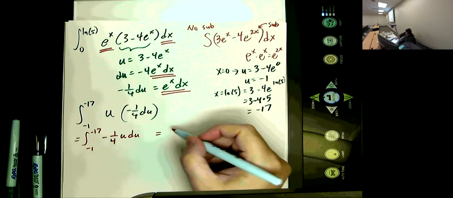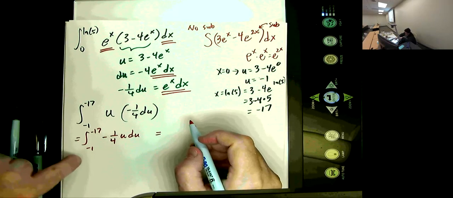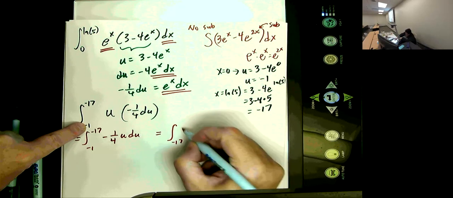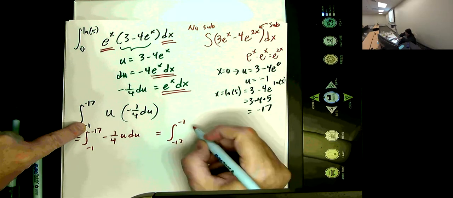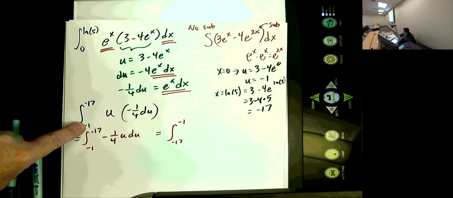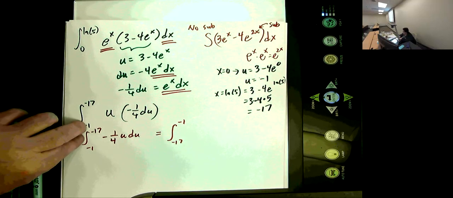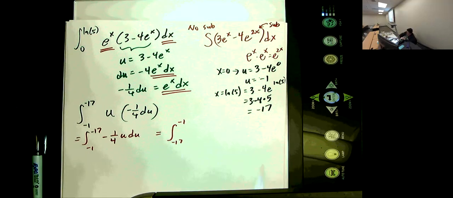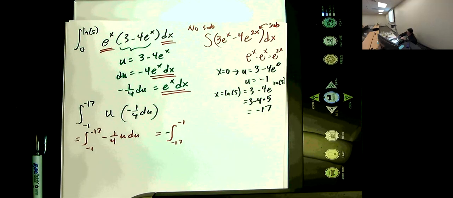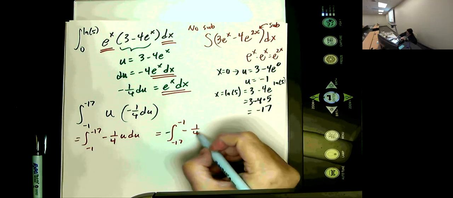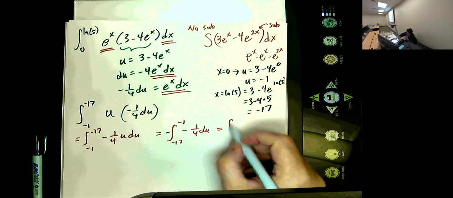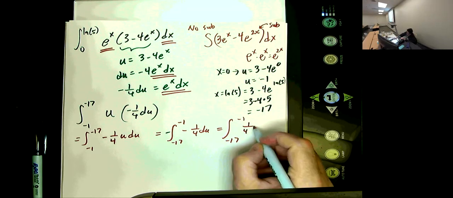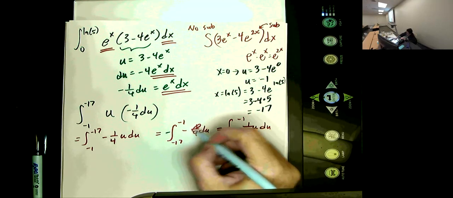Or if we wanted to put them in the proper order, -1 is actually more than -17. So if we want to put them in the proper order, what do I got to do? Does anyone remember what happens when we change the order? We just introduce a negative. That's right, Dalton. We make it a negative. We still had a negative here. So this would become -17 to -1, a positive 1/4 u du.